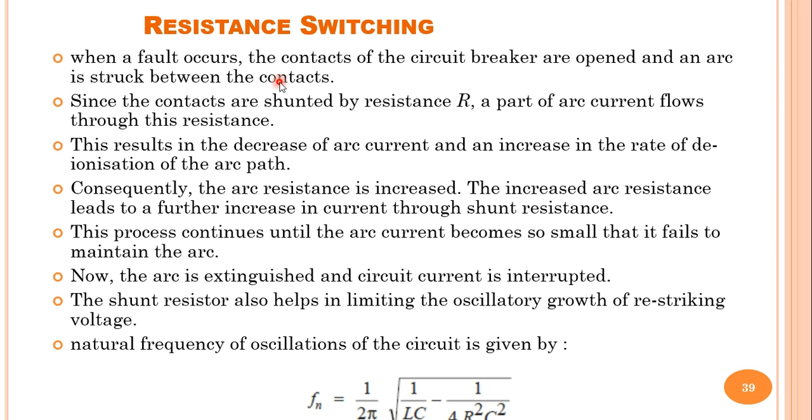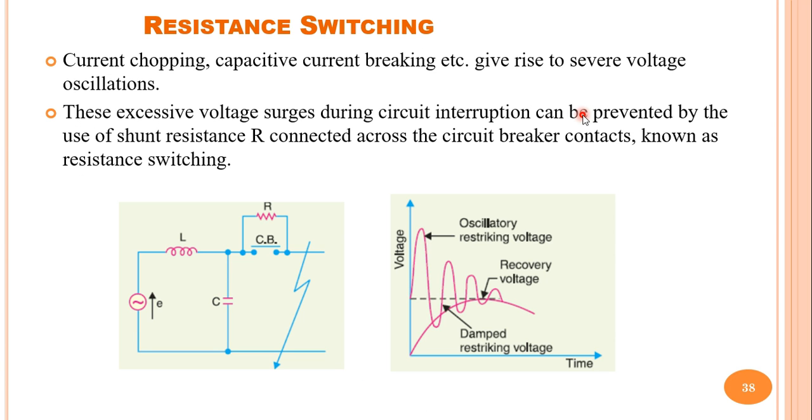When a fault occurs, the contacts of the circuit breaker are opened and an arc is struck between the contacts. Since the contacts are shunted by resistance R, a part of the current flows through this resistance also. So the current through the arc reduces.